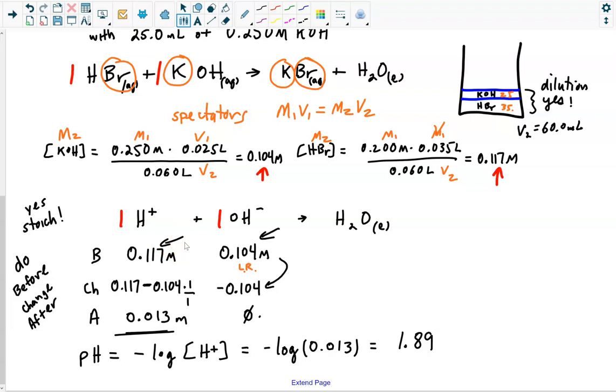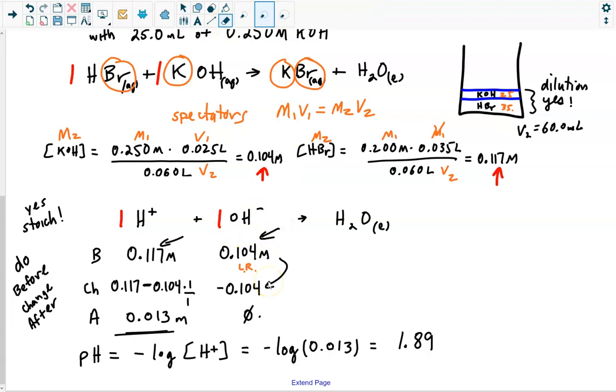So this would be a case in a strong versus strong titration where you haven't added the hydroxide to the equivalence point. Because if you had added it to the equivalence point, you would have added 0.117 molar OH minus, correct? See how this fits?